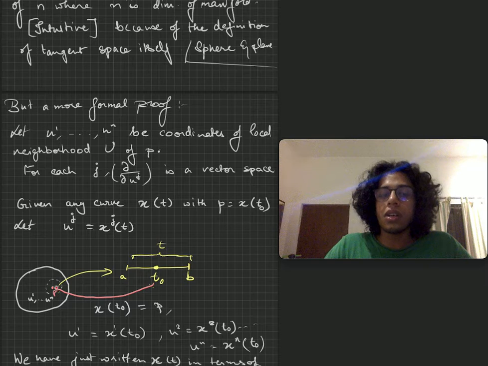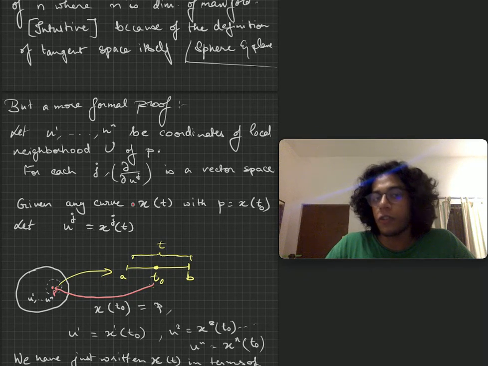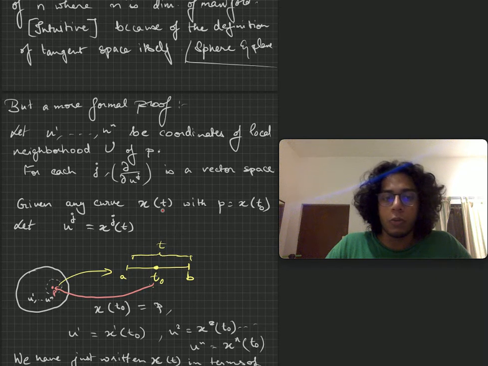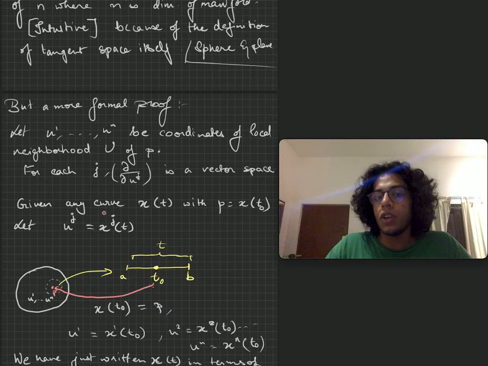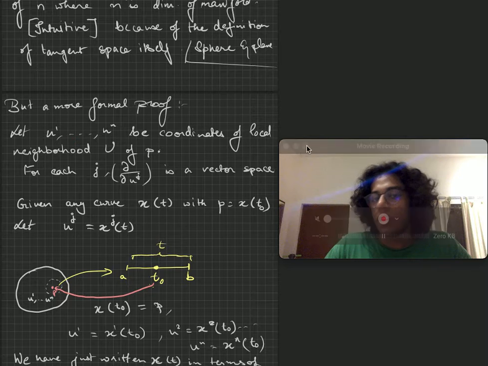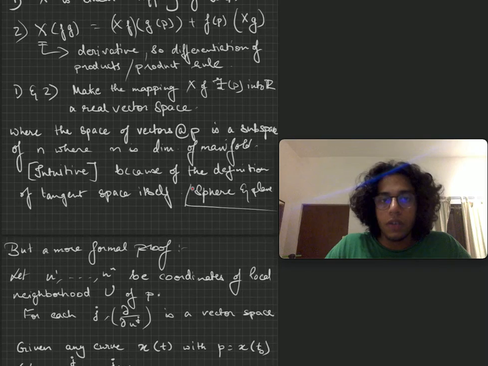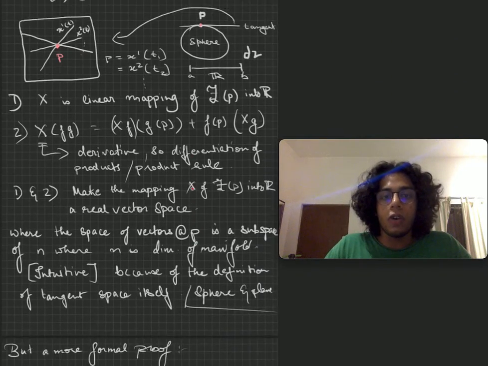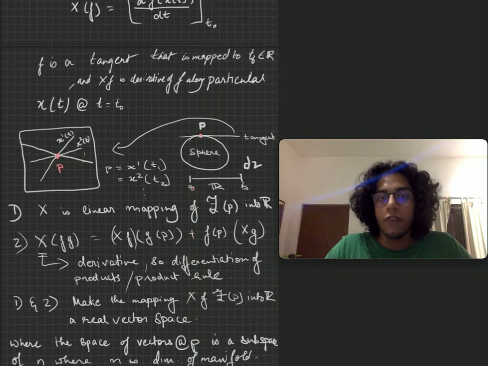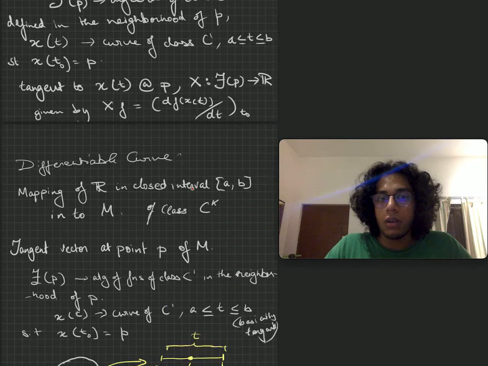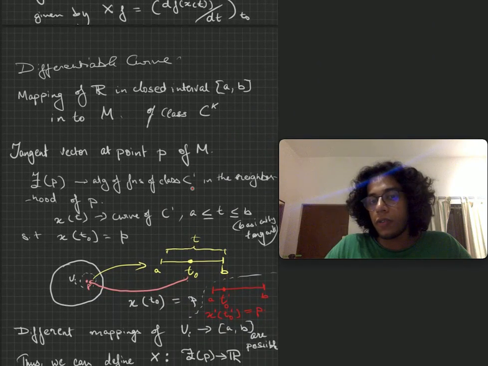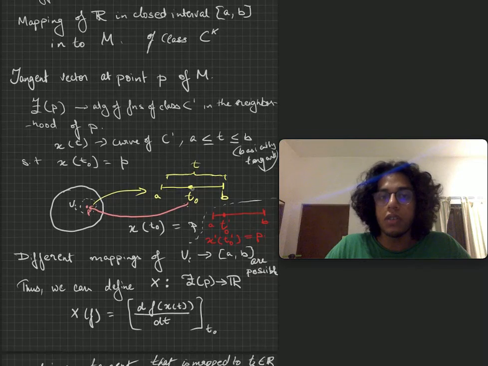That means that if you take a single vector, or a family of vectors, or some sort of a tangent space, which we will come to later, it has to be a subspace of the n dimensions of the manifold itself. So with this, we have understood what it is to take a vector mapping of a differential using a differential curve.